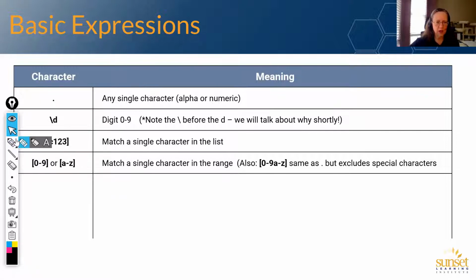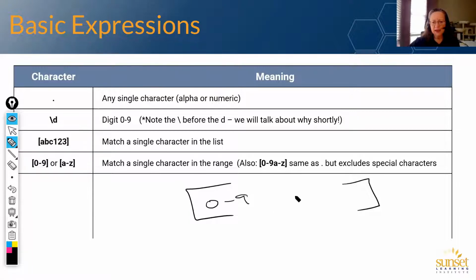Okay. So if I have square brackets, right, and I do 0 through 9, that's 0 through 9. But if I did, let's say, 0 and then a dash and then A, that's a little different. 0-A, those are different characters, the 0 and the A. And therefore, the dash at that point actually means a dash.